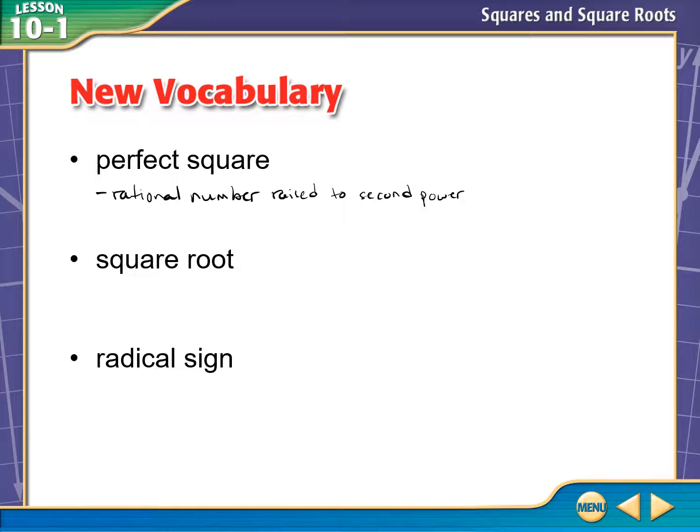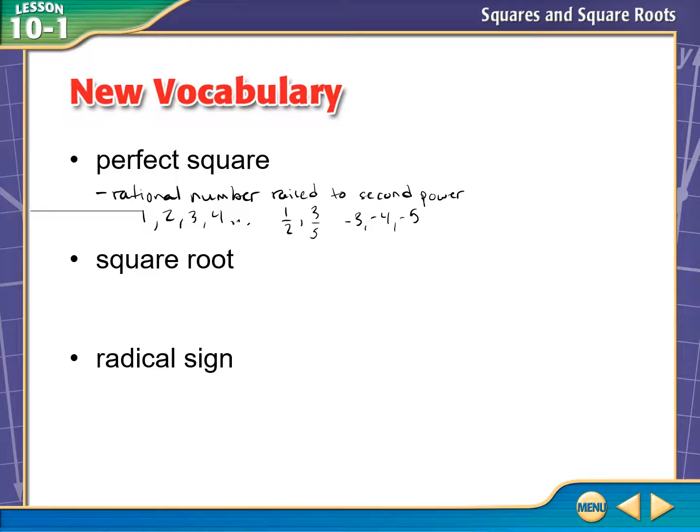So think of a rational number. A rational number is things like whole numbers, so 1, 2, 3, 4, and so on. Rational numbers could also be fractions, so 1/2, 3/5. Rational numbers could also be negative numbers, -3, -4, -5.